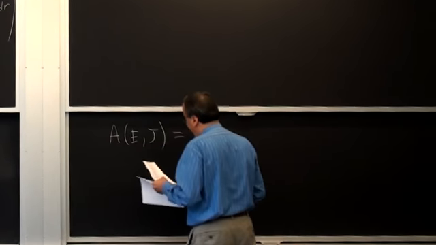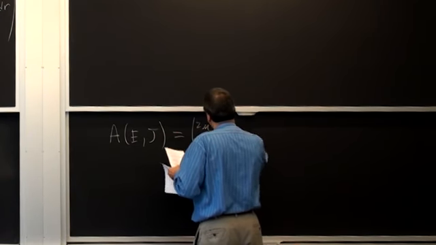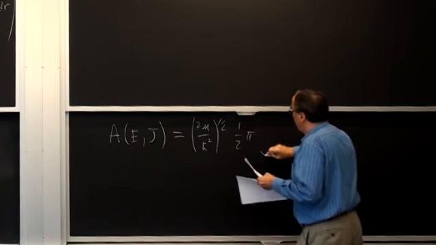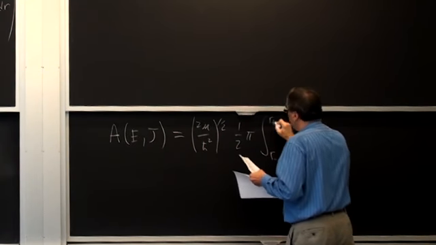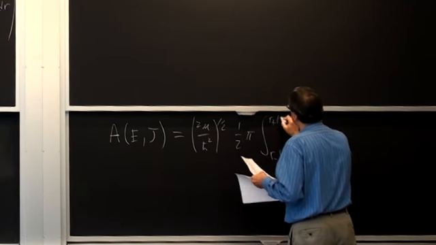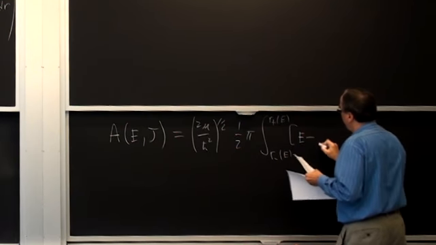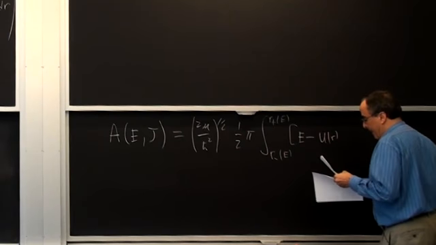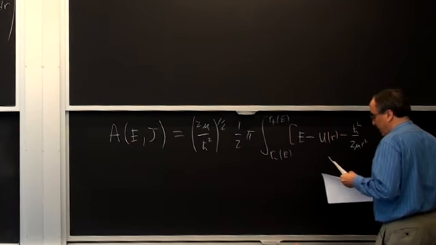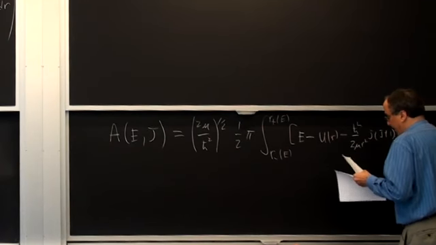So we can just define A as this function: 2 mu over h bar squared, square root, the integral from r minus to r plus, and these are functions of energy, of E minus U of r minus h bar squared over 2 mu r squared J(J plus 1), dr.